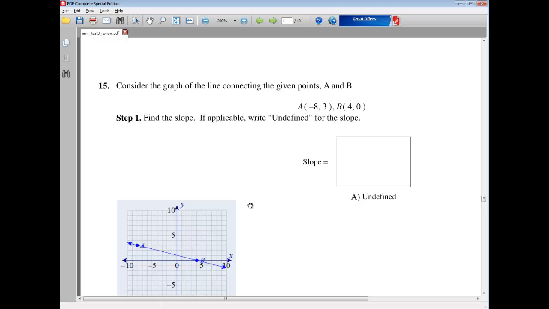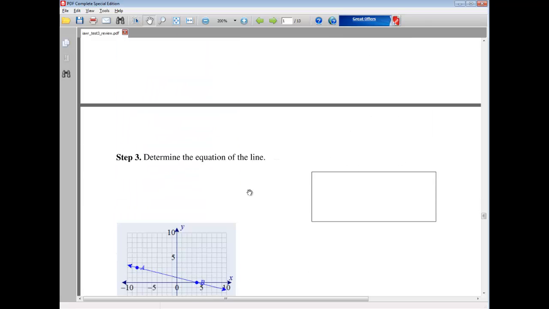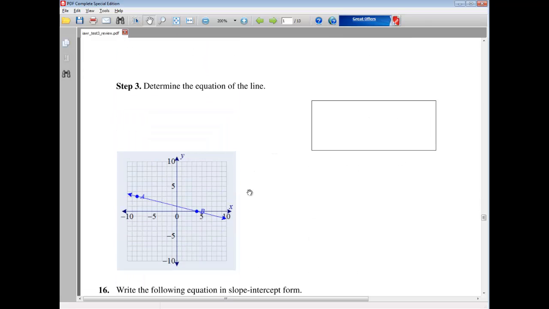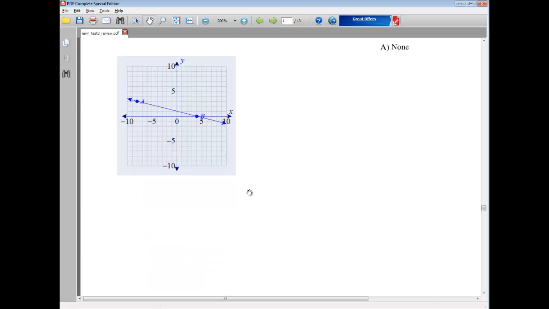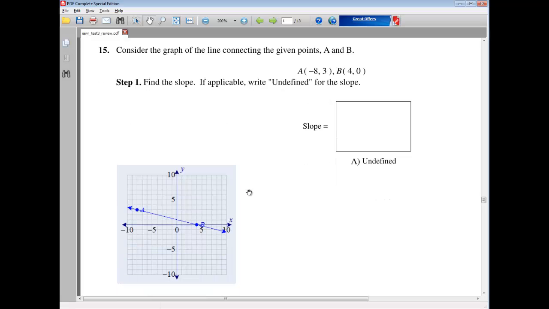Okay, number 15. Let's see, we've got 2 points: find the slope, find the y-intercept, and then determine the equation of the line.